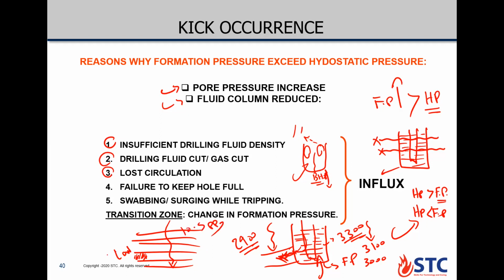And this formation is equivalent to about 8 ppg, and then it increases to be 10 ppg. So while drilling this sequence of formation, once reaching the low pressure formation, we're gonna have losses. 10 ppg is larger than 8 ppg, so you're gonna make induced fracturing and lose mud weight.